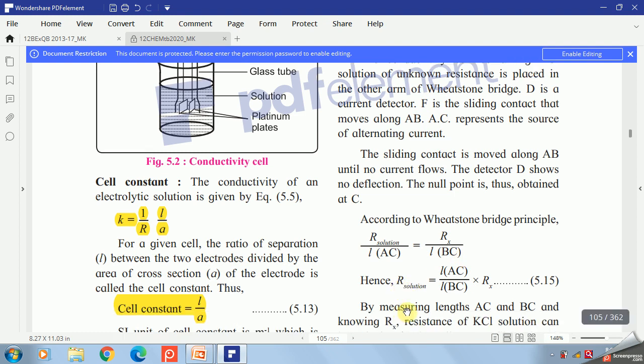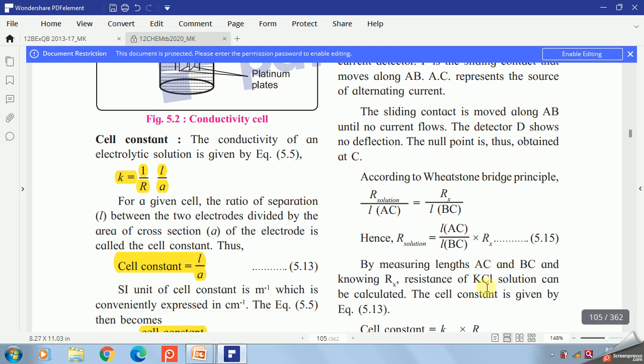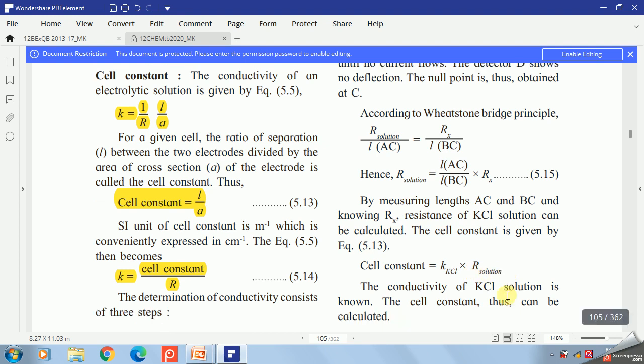So resistance of solution is equal to length AC divided by length BC into resistance Rx, which is a known resistance. So with the help of this we can calculate the resistance of given KCl solution, and the cell constant can be calculated. Cell constant is equal to conductivity of KCl into resistance of your solution. So conductivity of KCl solution is known, then we can calculate the cell constant.